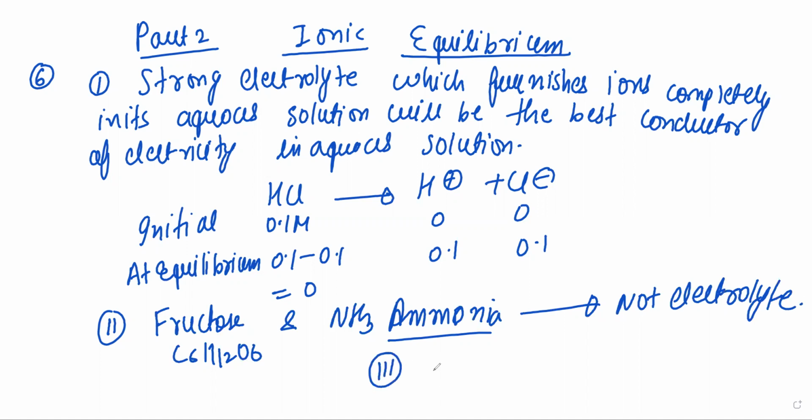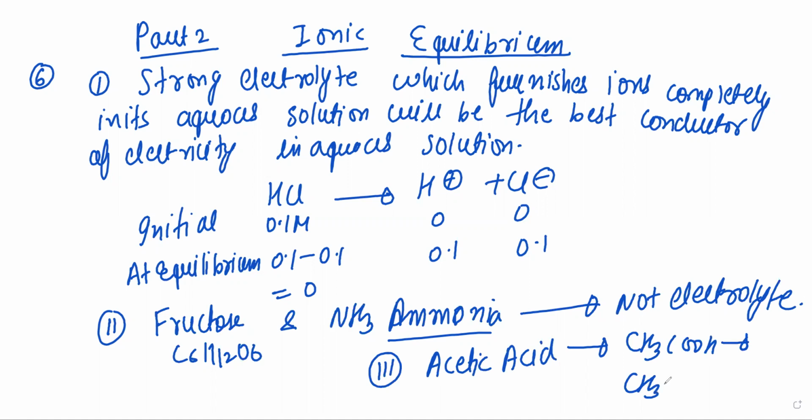So let's see the weak acetic acid. Its formula is CH3COOH. So it will dissociate into CH3COO minus plus H plus, right? So this will dissociate partially.